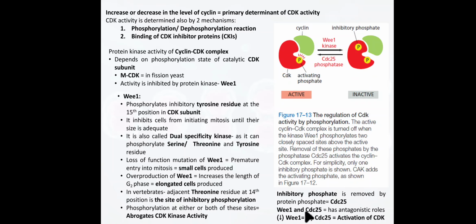That says that V1 and CDC25 have antagonistic roles. If there is a low concentration of V1 and a high concentration of CDC25, there is activation of CDK. CDC25 acts directly opposite to V1, which is a protein kinase.